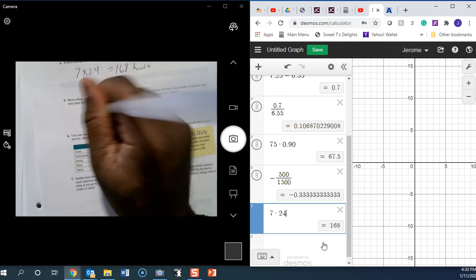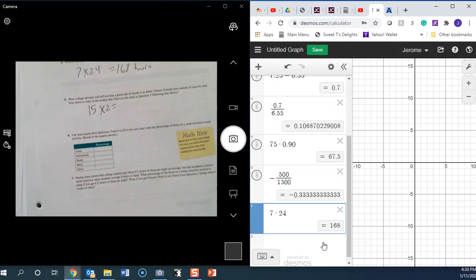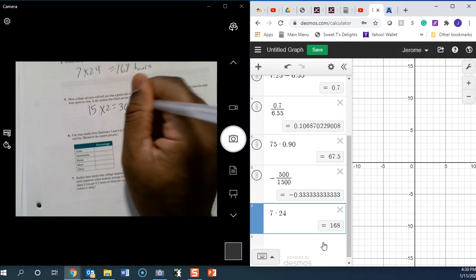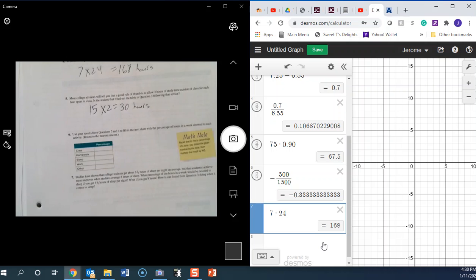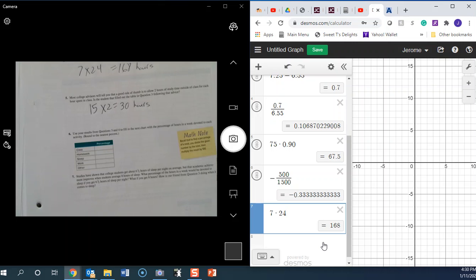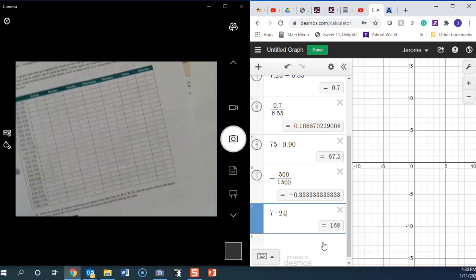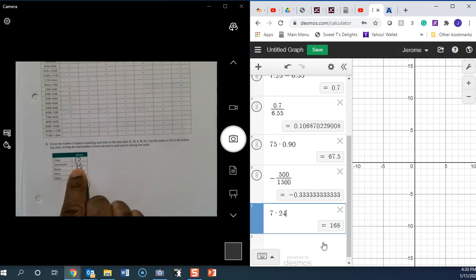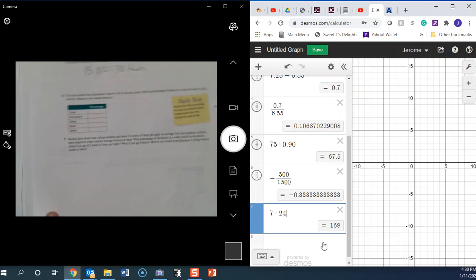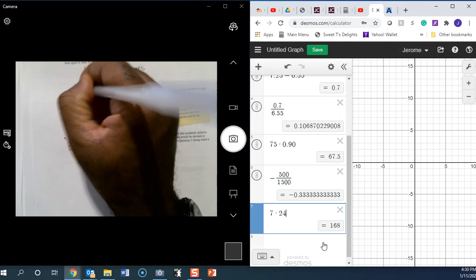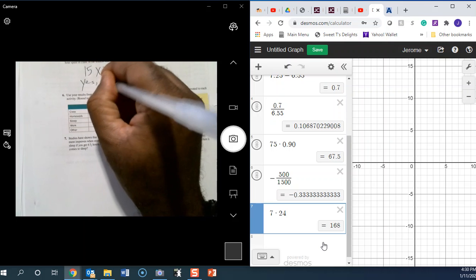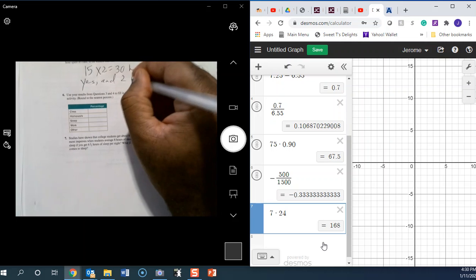So we take 15 hours and multiply by the 2 hours that's recommended. That would be 30 hours. Now they ask us, is a student spending that much time studying? If you look here, homework is the studying time. So it's 32 hours. So we would say yes, and 2 hours over.